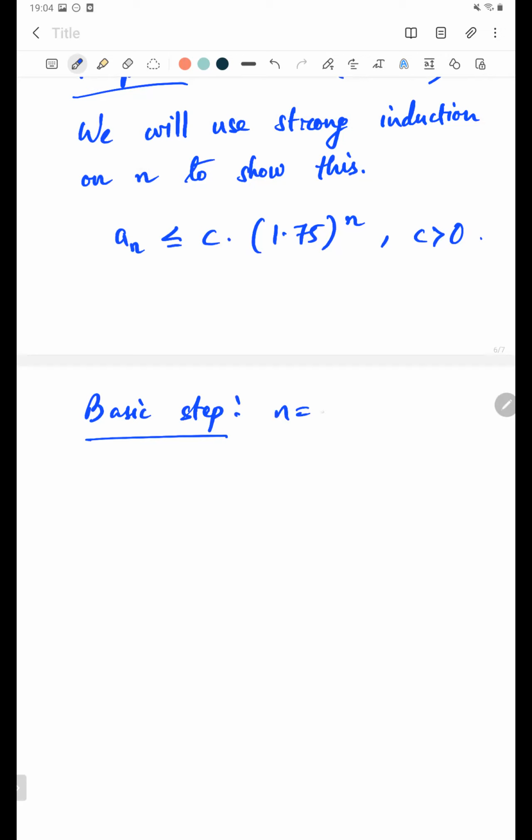For n equal to 1, we have a_1 equal to 1, and that is obviously less than or equal to c times 1.75 for some c greater than or equal to 1. So our basis step is done.